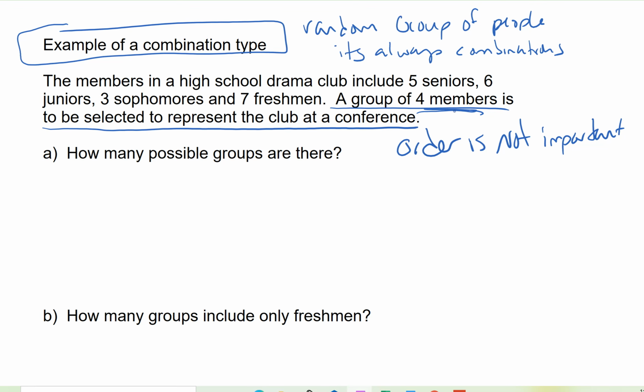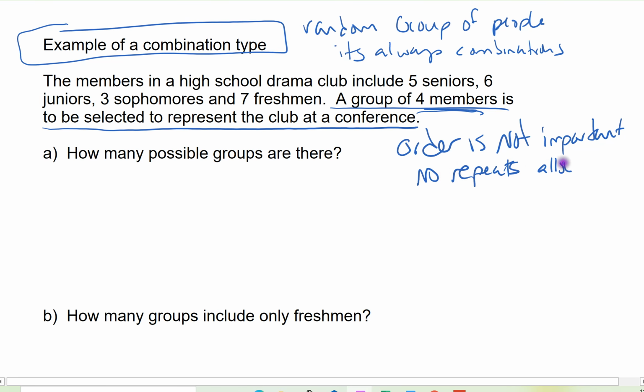And so it's subtle, but whenever I want a group of people like this, and I want a set number, no repeats allowed. Alright? So that makes it a combinations type. So this entire problem is a combinations type. It's going to be doing combinations of the universal set and then subsets of those combination groups of this universal set.